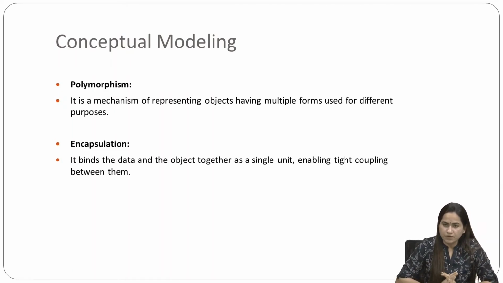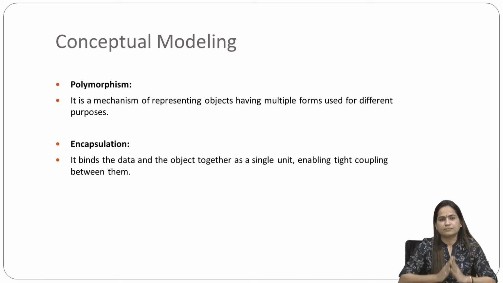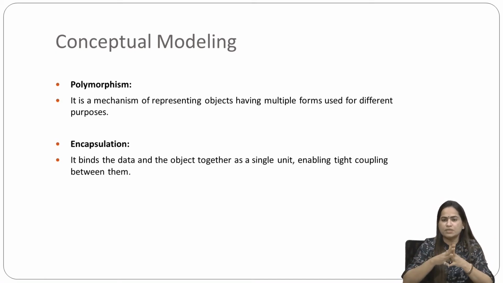Now encapsulation means it binds the data and the object together as a single unit, which enables tight coupling between them. Encapsulation means binding of data and the object in a single unit. These two are bound with the help of this, and tight coupling is maintained between them by the process.